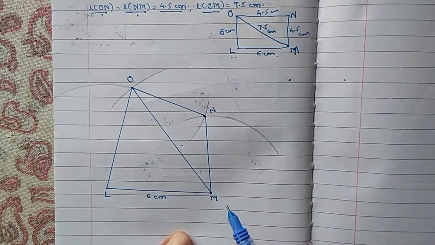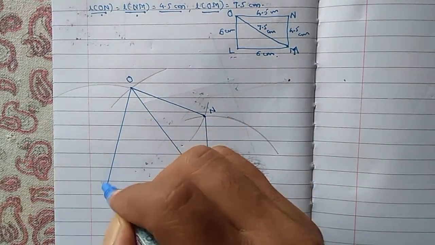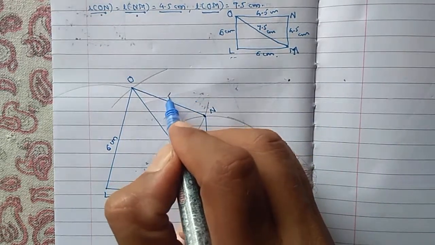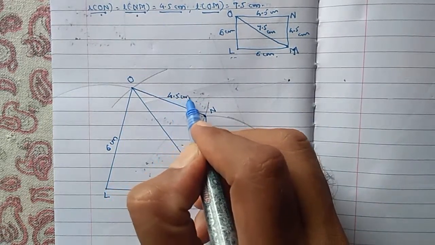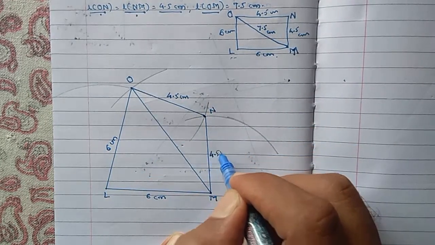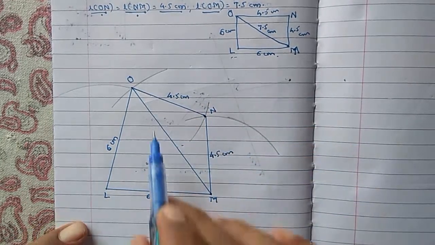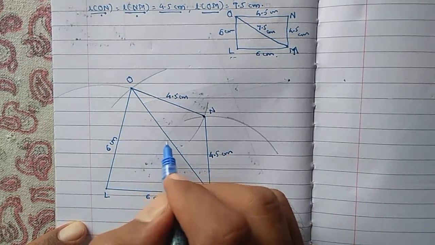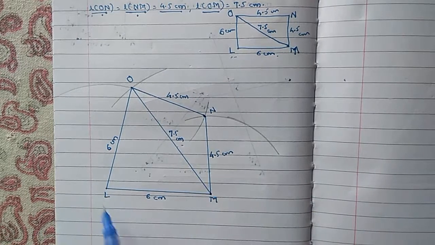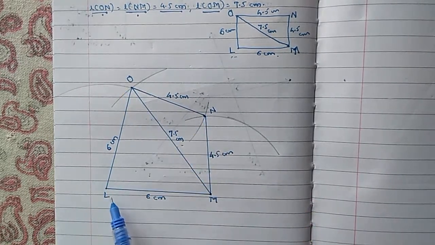Write the measurements. What is the length of this OL? It is 6 centimeter. What is the length of this ON? It is 4.5 centimeter. What is the length of this side? 4.5 centimeter. What is the length of this diagonal? It is 7.5 centimeter. Names of 4 vertices are written.